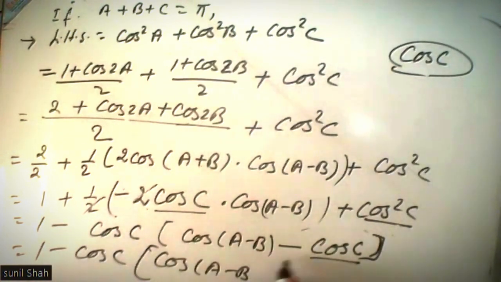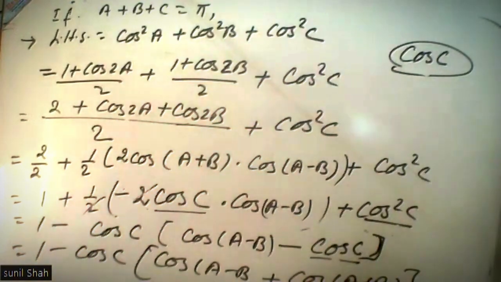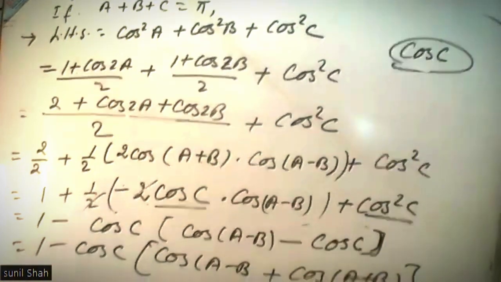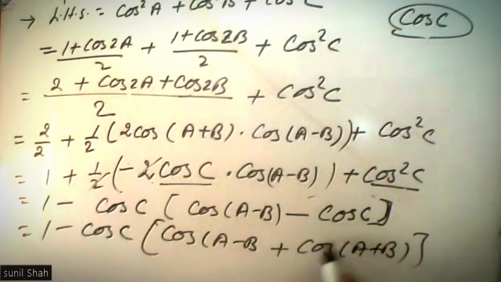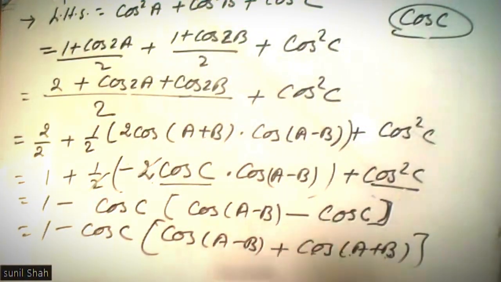Cos(a minus b) minus cos c becomes plus cos(a plus b) using the cast formula. Cos(a plus b) is equal to cos(pi minus c), which is equal to minus cos c. So this cos(a plus b) becomes minus cos c. Put the formula of this and this: cos(a minus b) plus cos(a plus b) is 2 cos a cos b.